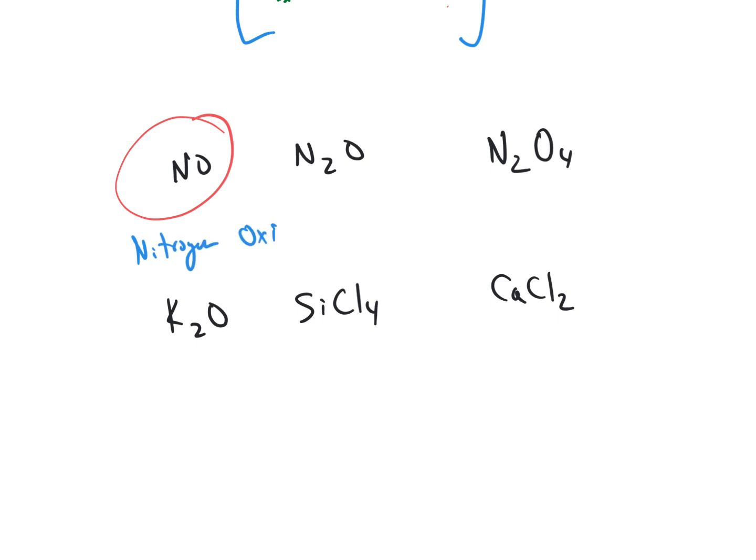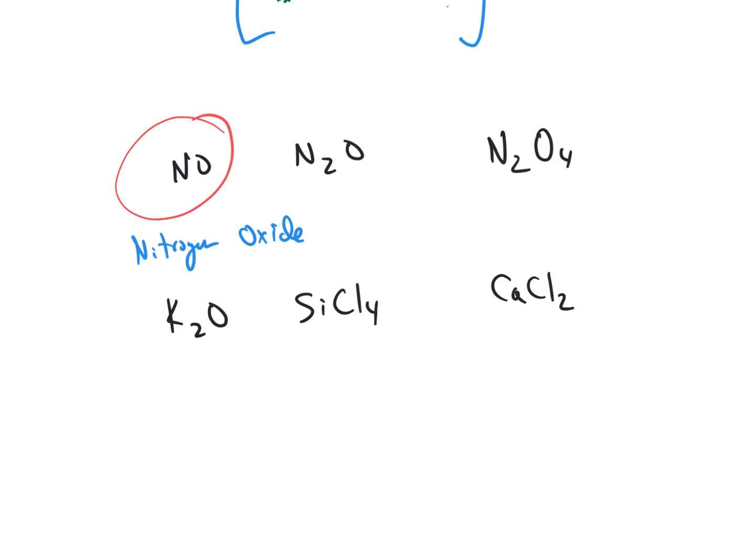And change the ending to IDE. There's one other thing we've got to do. Those are the steps for both ionic compounds and covalent compounds, but there's one extra step for covalent. What is it? Use prefixes. We have to use prefixes for both elements unless what?